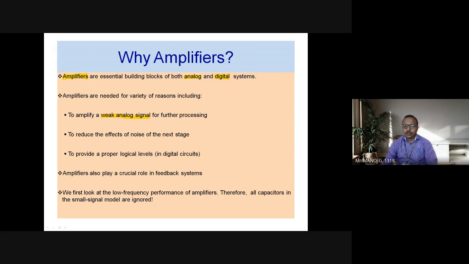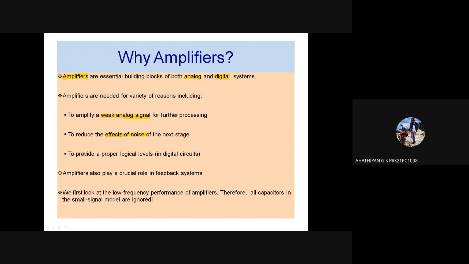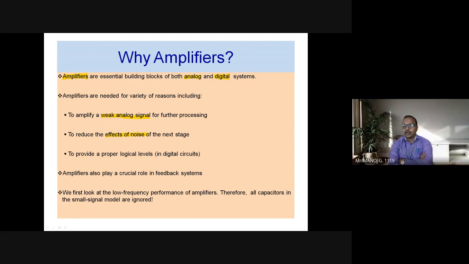The second important thing is the effect of noise. Okay, how do you define noise? Ahadian, what is noise? According to signals, how do you define noise? Ahadian, how do you define noise?